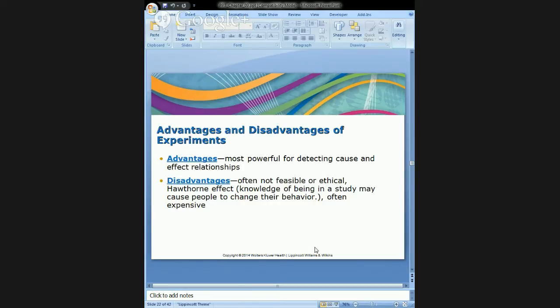Then that is considered unethical, and you can't do that in research. The Hawthorne effect: sometimes just people knowing that they're in a study causes a change in the outcome. And a lot of times, truly controlled, randomized clinical trials can be very expensive, and not all researchers have the resources to be able to conduct these.